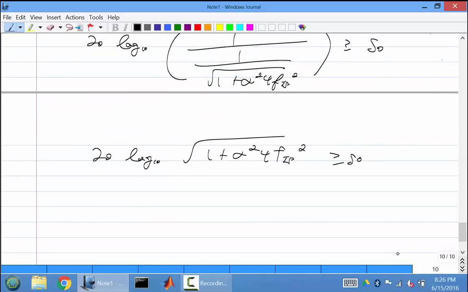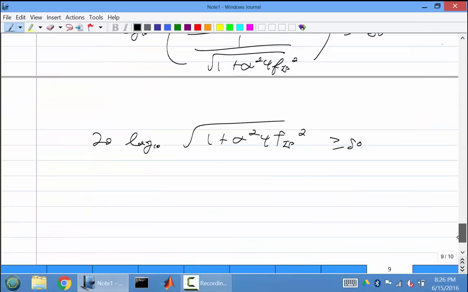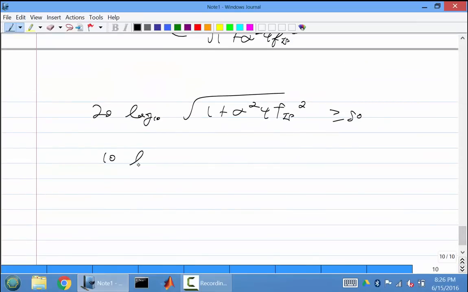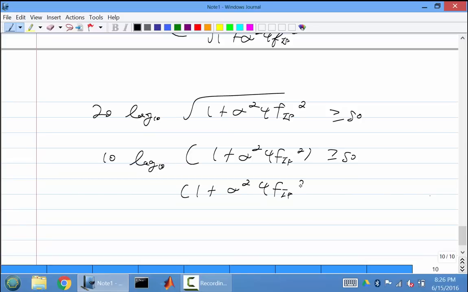All right, and then what I can do is this square root, you can consider this as power of half. So I can do a power rule, right? So this becomes 10 log 10 of 1 plus alpha squared 4 fif squared greater than 50, and then I can divide by 10, take the anti-log, so then this becomes 1 plus alpha squared 4 fif squared greater than 10 to the 5.